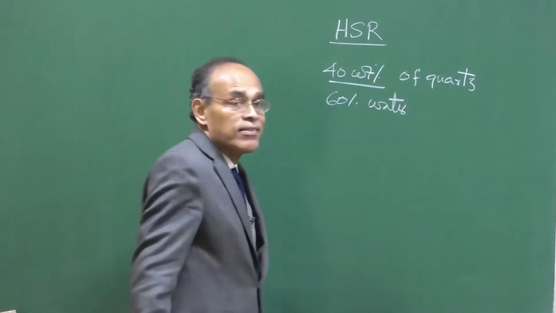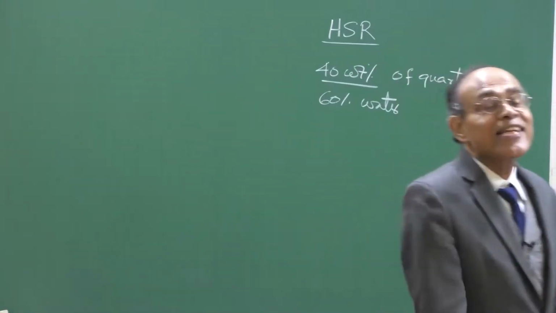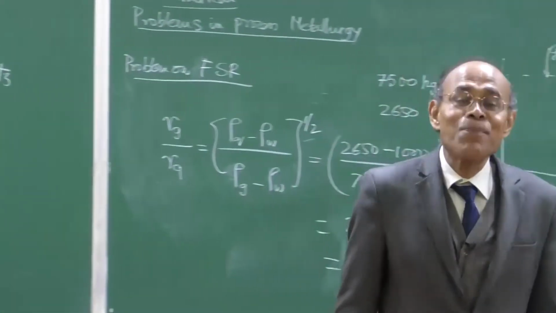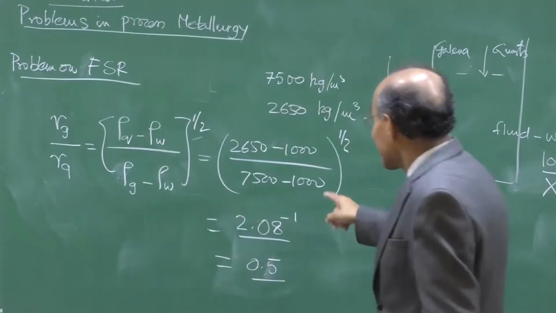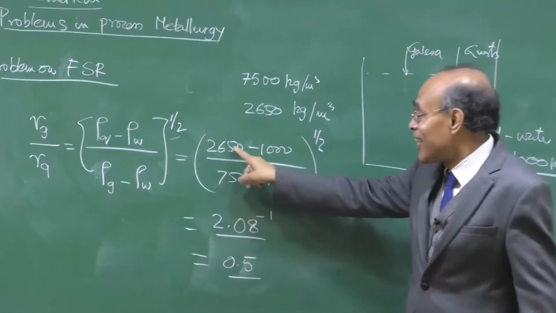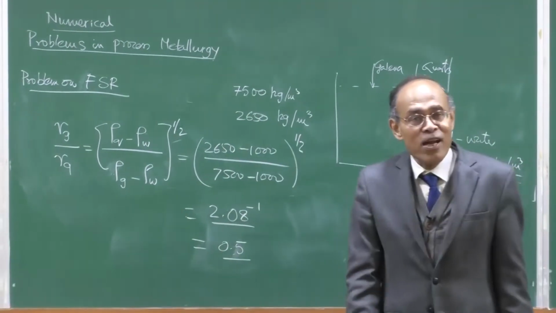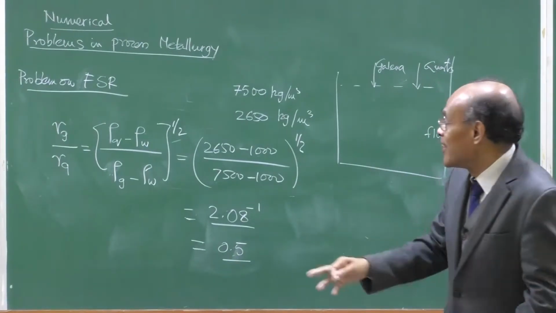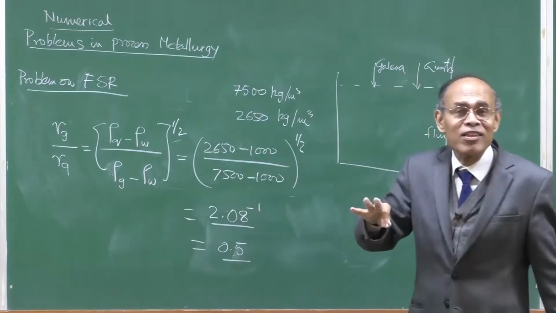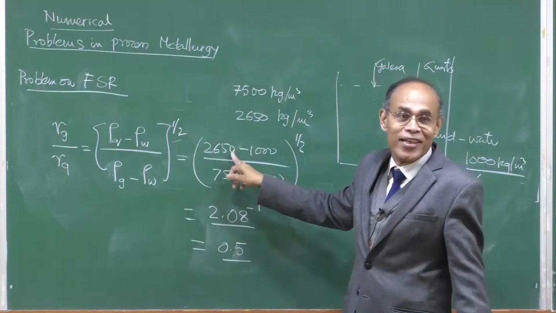And as I said, 100% water has a density of 1000 kg per meter cube, and the density of quartz is substantially larger than that of water. So, with 40% quartz suspended in water, what will be the effective mixture density? Less than 1000 or more than 1000? It is going to be substantially more than 1000, because quartz is much heavier than water.